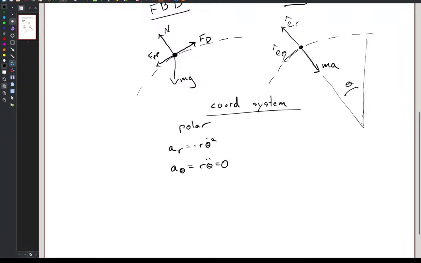But theta dot is constant, so theta double dot is 0. That would be like our polar, if we want to describe it, polar. Is that X for AR? Is that negative R? That one's a negative R, yeah.